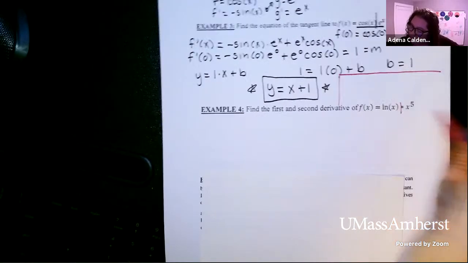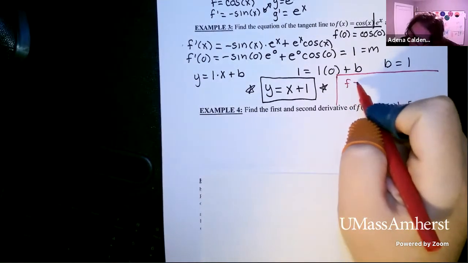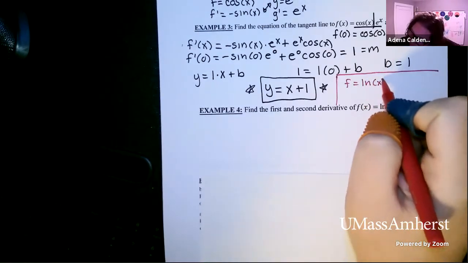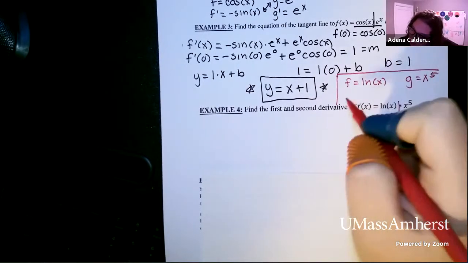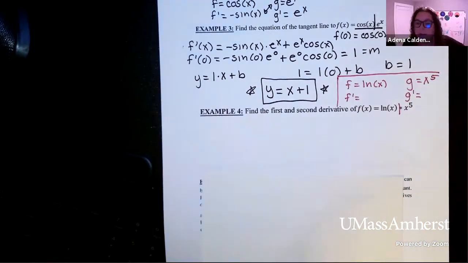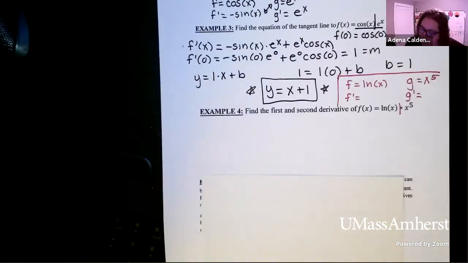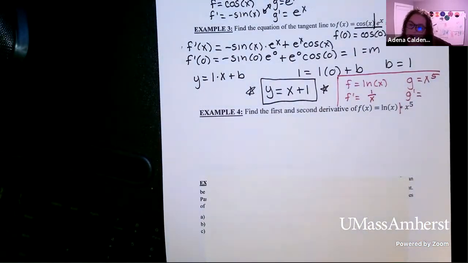So again, I notice I can divide it into two functions. The first one I'm going to call f. The second one I'm going to call g. So now my next step is to find each of their respective derivatives. So the derivative of the natural log is 1 over x.